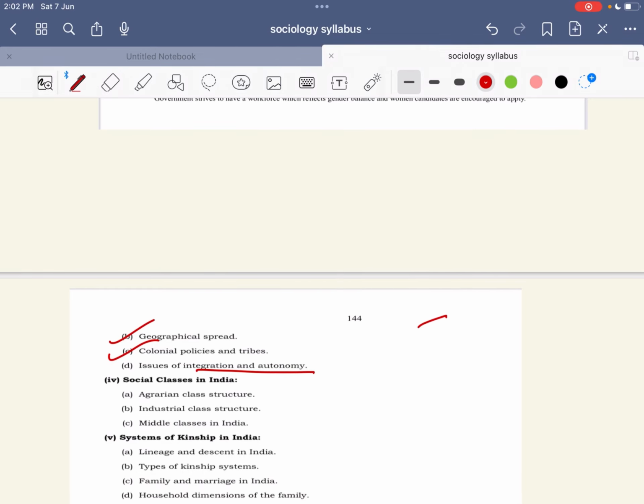Understand, different tribes live in different areas, and there are resources which are very rich in their areas. What were the colonial policies in the British period, how they were behaving with tribes. Understand, and now what is the condition of tribes, and what the government is doing for their upliftment.